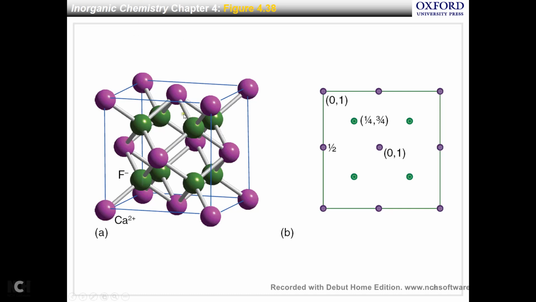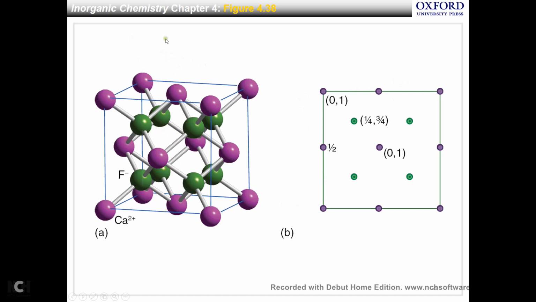And then similarly we can draw the two-dimensional projection here, but in this case, if you look at this fluorine minus, there are 2 different heights now, because you have a fluorine minus here, another fluorine minus on top of this one. Again, this is the top view.